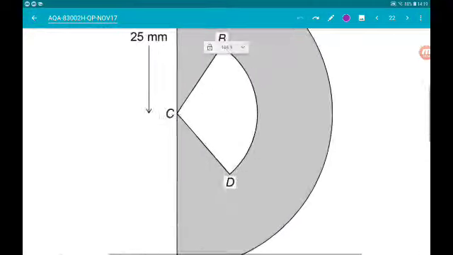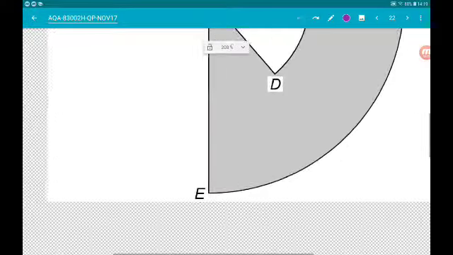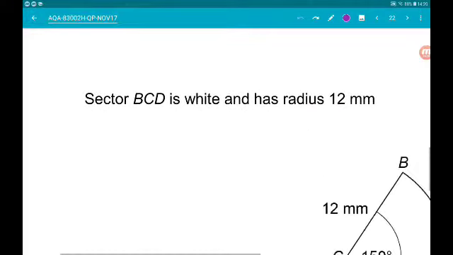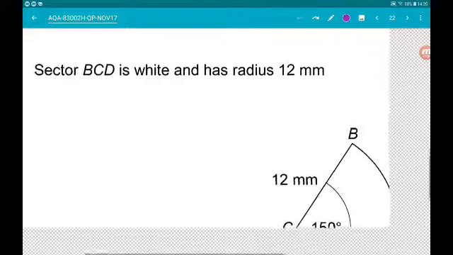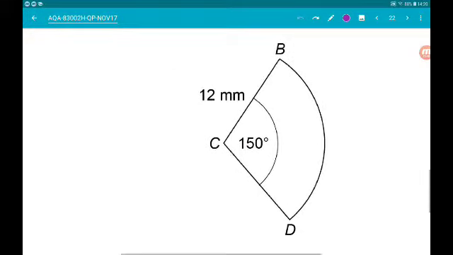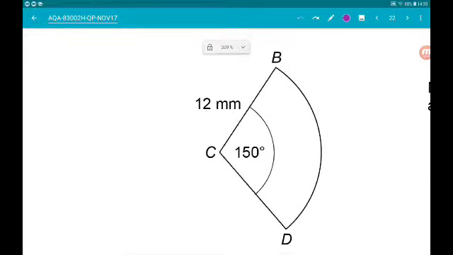So we've also got this white sector. Now we're told that sector BCD is white and has radius 12 millimeters. Now we've got a drawing of it here. So the angle is 150 degrees.